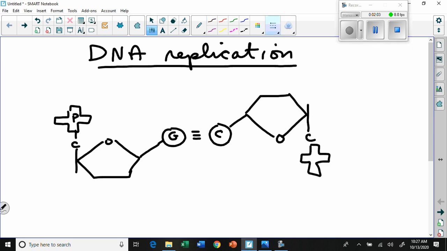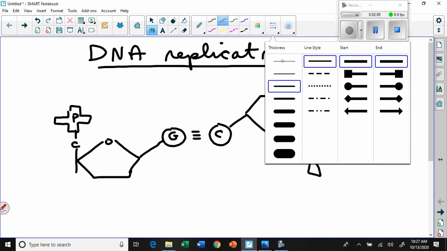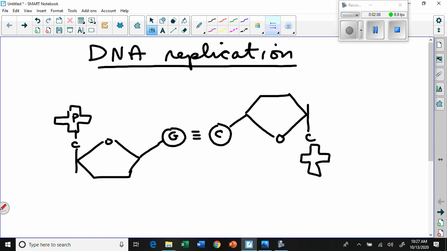If you look at the carbon numbers in the ribose, typically this is called carbon 1, 2, 3, 4, 5. And over here, if you do it upside down, right? 1, 2, 3, 4, 5.